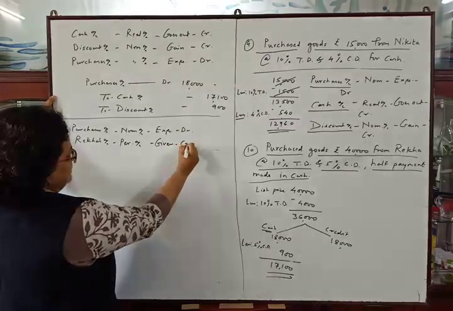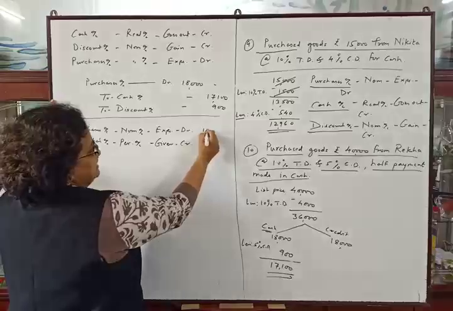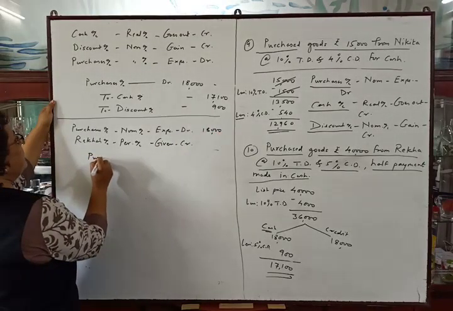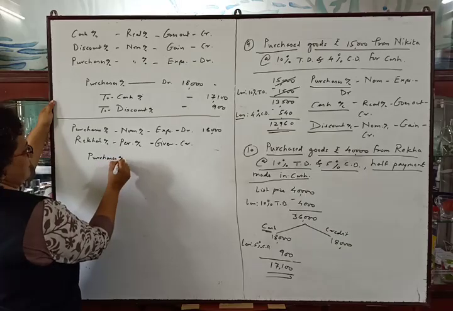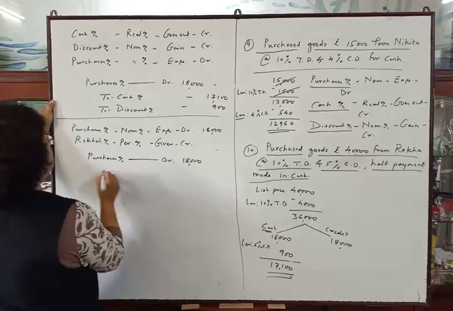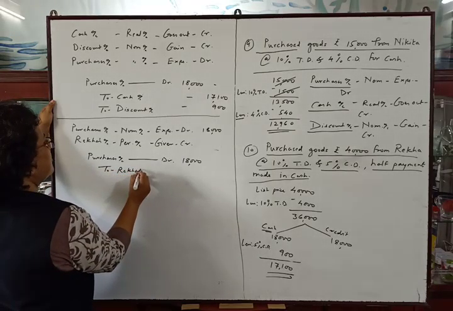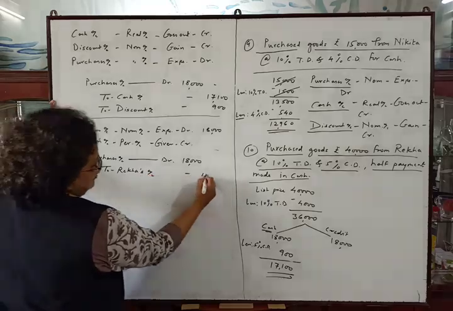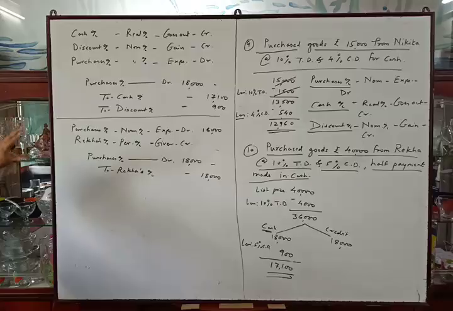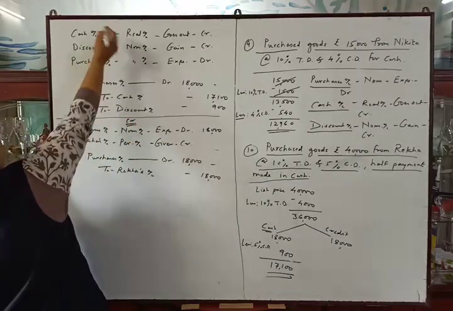So rule says that credit the giver. Okay. Now the amount is 18,000. So journal entry कशी असणार आहे बघा. Purchases account debit, 18,000 to Rekha's account, 18,000. ओके, ही क्रेडिट ट्रान्झॅक्शनची एंट्री आहे आणि ही कॅश ट्रान्झॅक्शनची एंट्री आहे.